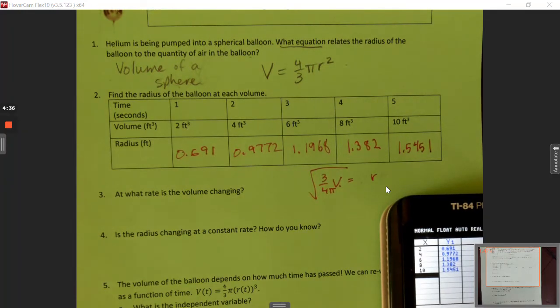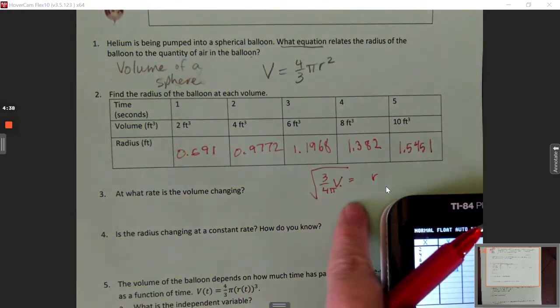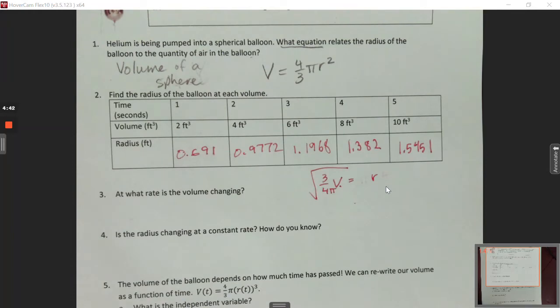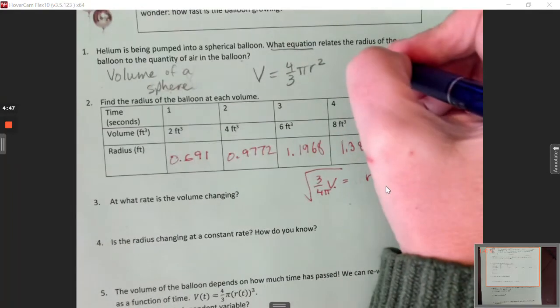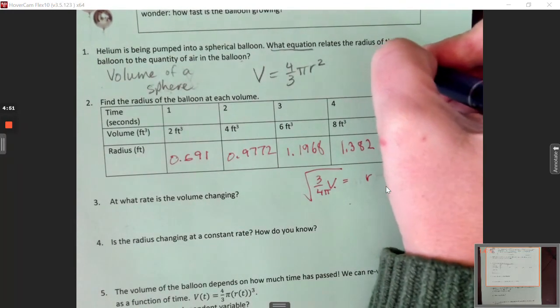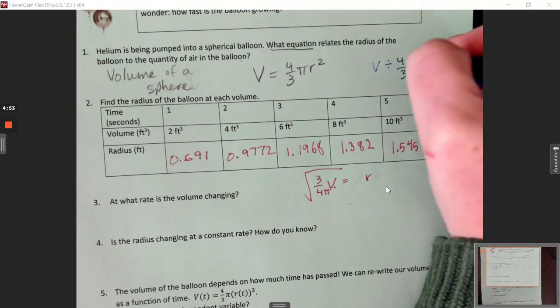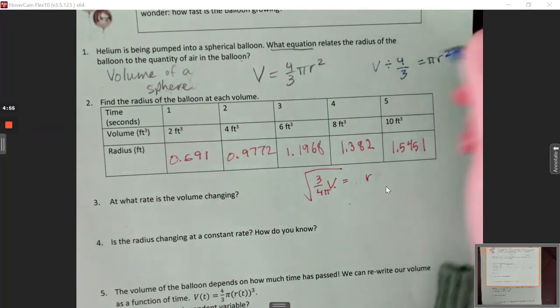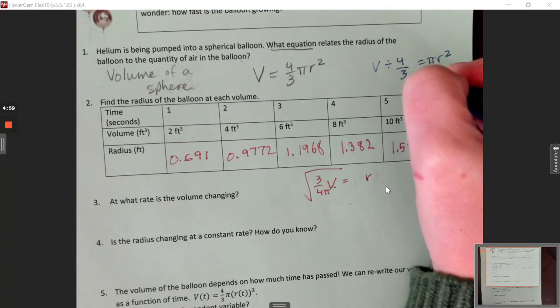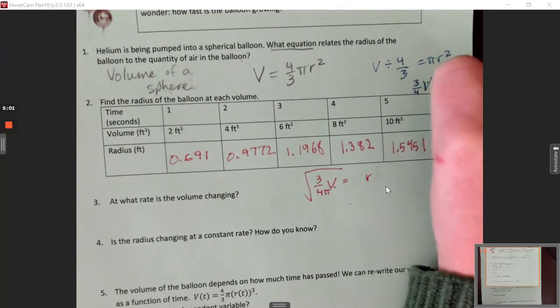And so you'll see what I did is I solved this equation for R. I didn't show my work, so let me go ahead and write that down. I solved this given equation for R. What I did is I divided by 4/3 on both sides, and that gave me 3/4 V equals pi r squared.